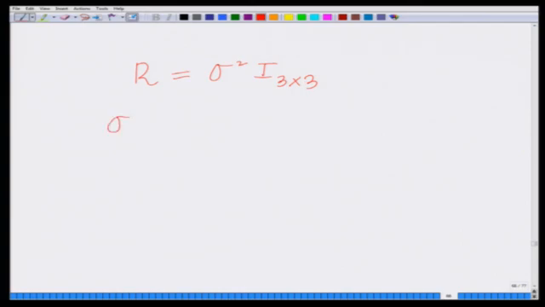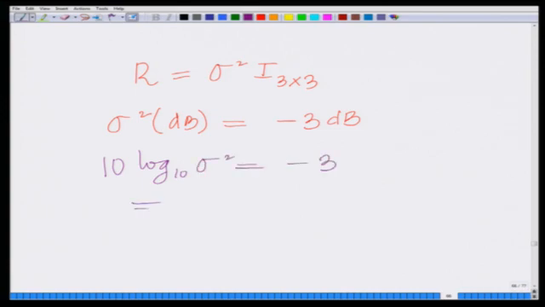Here we are given that the noise sigma square in dB equals minus 3 dB, which implies 10 log 10 sigma square equals minus 3, which implies sigma square equals 10 power minus 0.3, which is approximately equal to half. 3 dB is basically a factor of 2, so minus 3 dB is a factor of half.